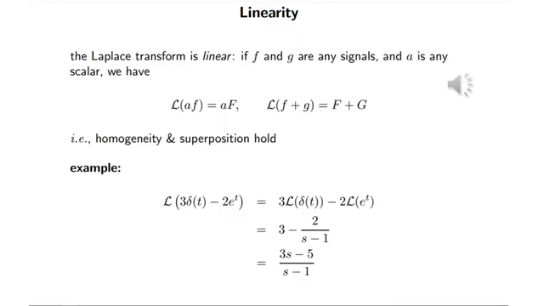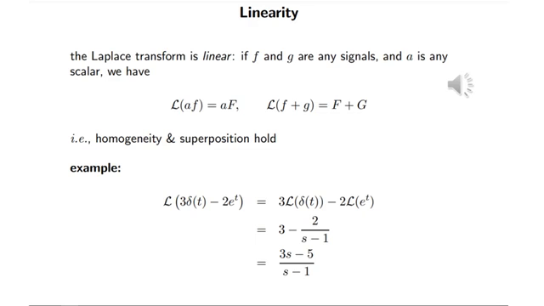function is 1, a constant. So for the first function we have just 3, and for the second function, a translation in time will change into translation in the s domain, and e^t will be converting into 1 over s minus 1, where 2 is a constant, so we can keep the total function as 2 divided by s minus 1.